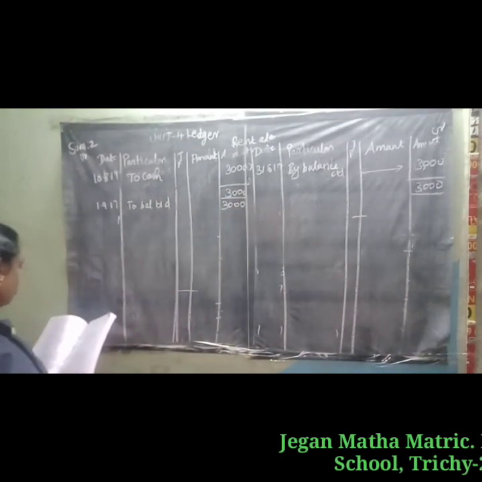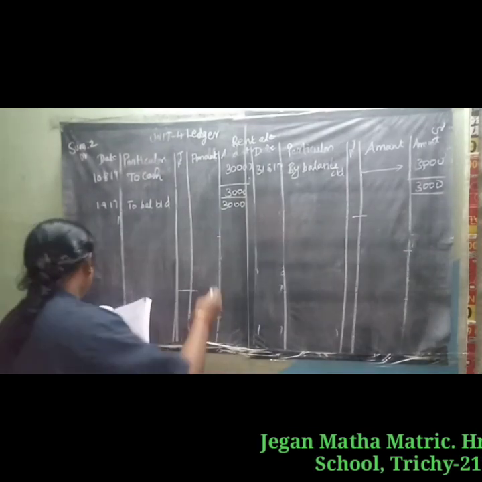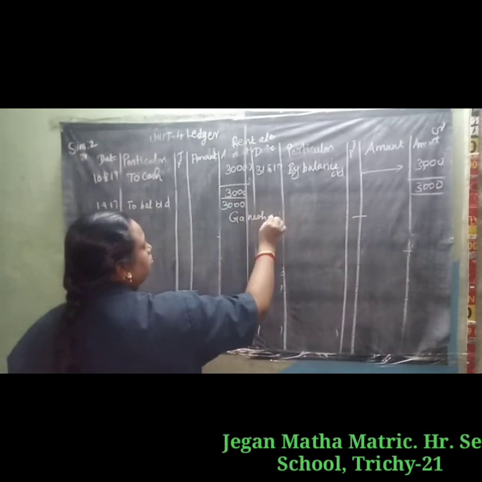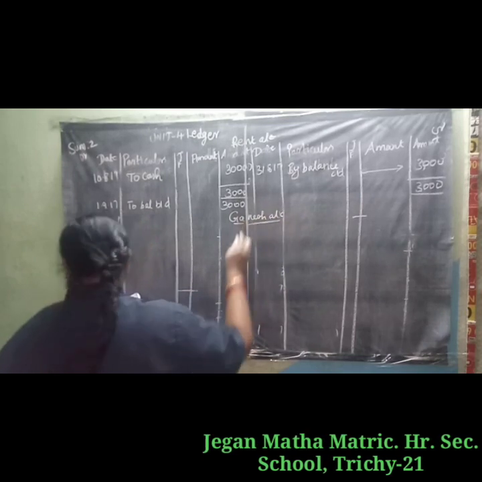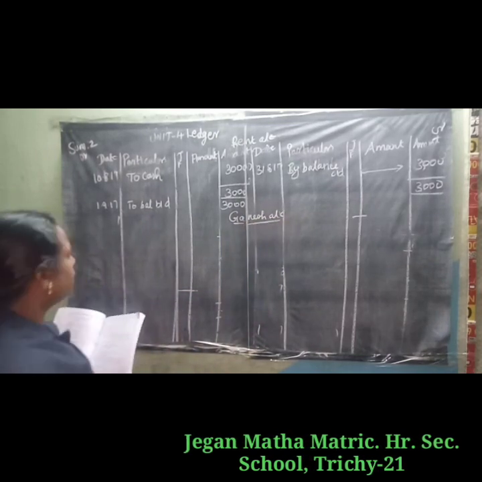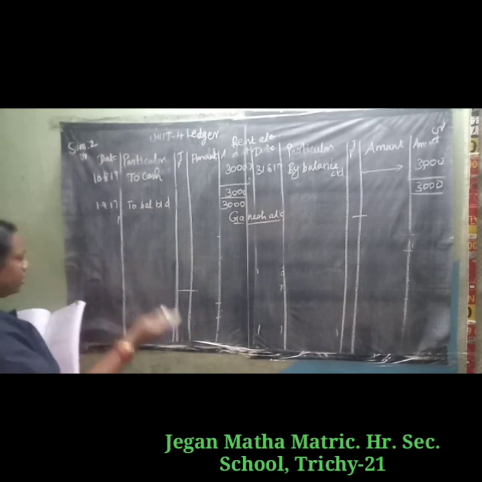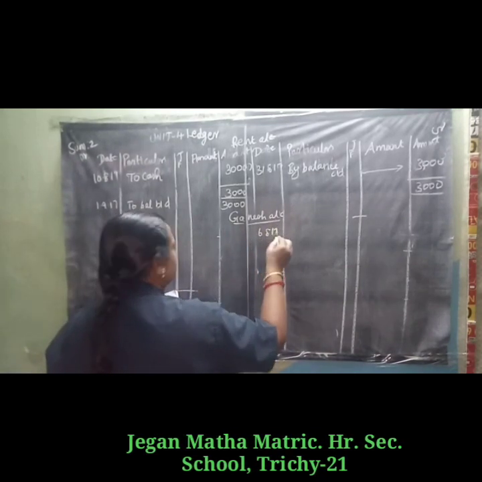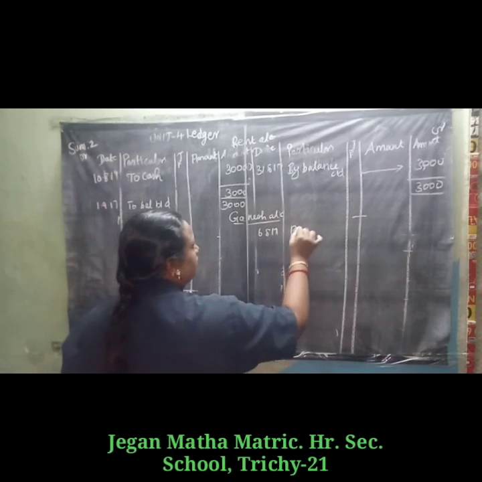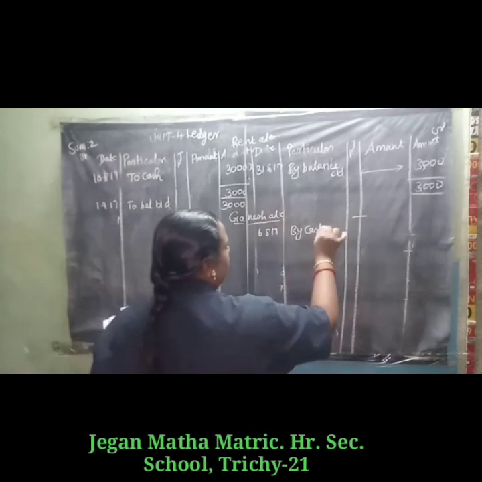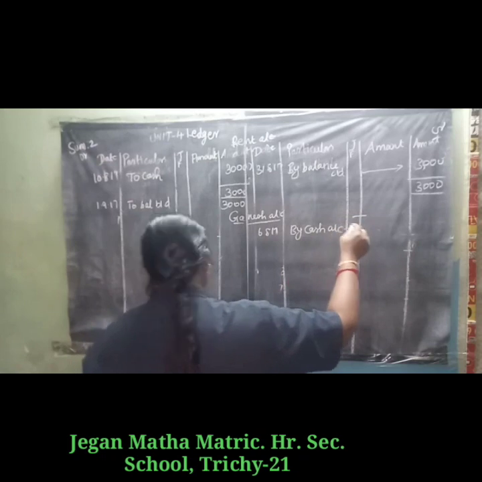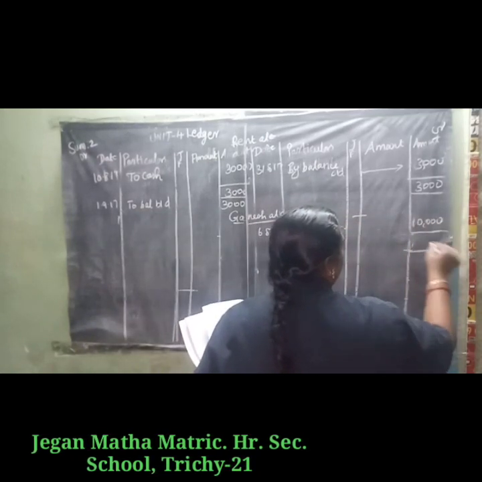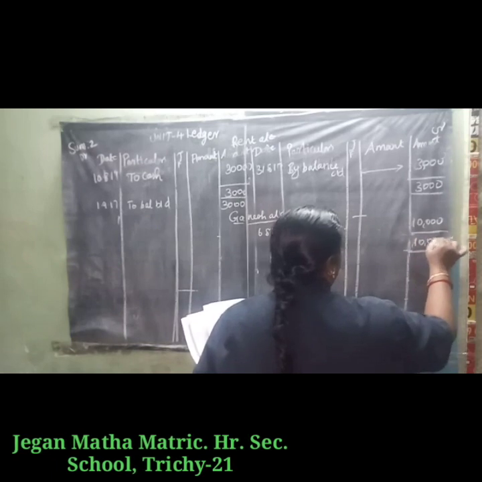Next account, the Ganesan account. Cash received from Ganesan, cash account to Ganesan, on the credit side. Move to the credit side, 6/8/2017, by cash account 10,000. Credit side total 10,000.